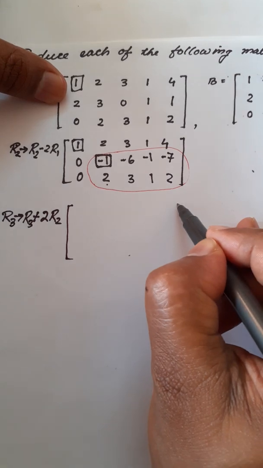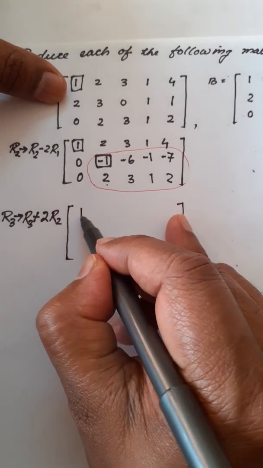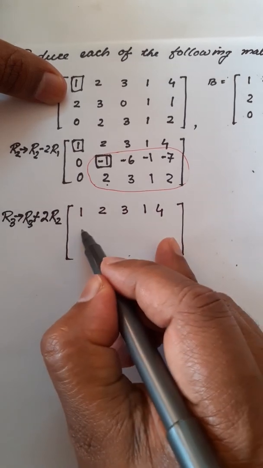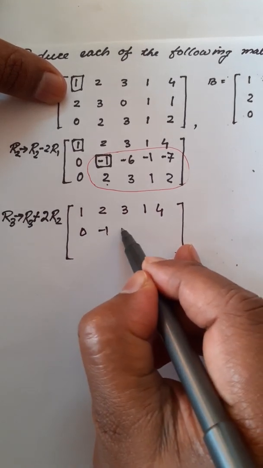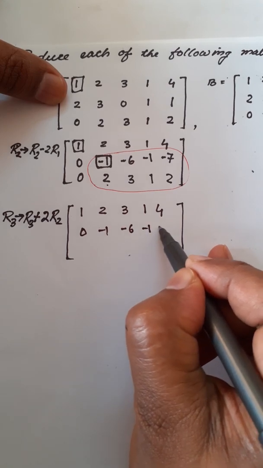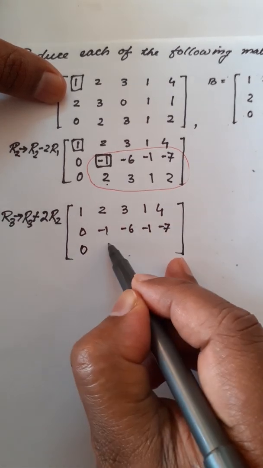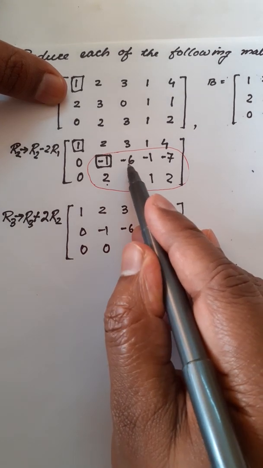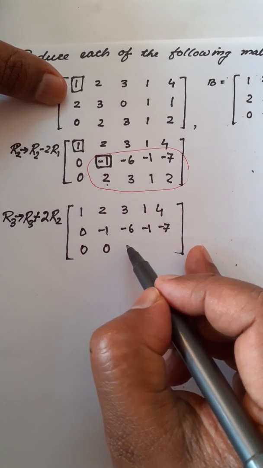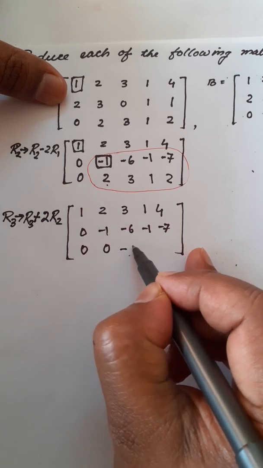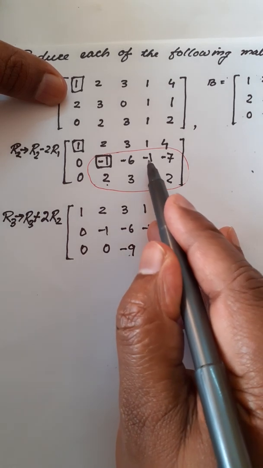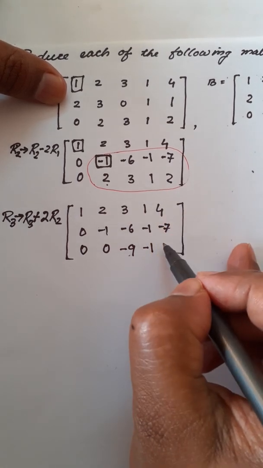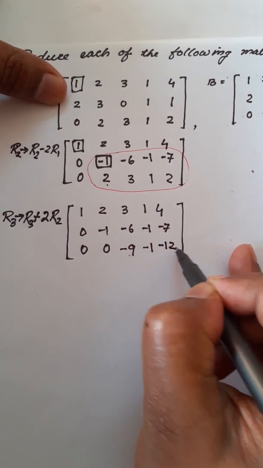So this will reduce the matrix to 1, 2, 3, 1, 4, 0, minus 1, minus 6, minus 1, minus 7, then 0, 0, and 3 plus 2 times minus 6, minus 12 plus 3, so it is minus 9. Then 1 plus 2 times minus 1 is minus 1. 2 plus 2 times minus 7 is minus 12.